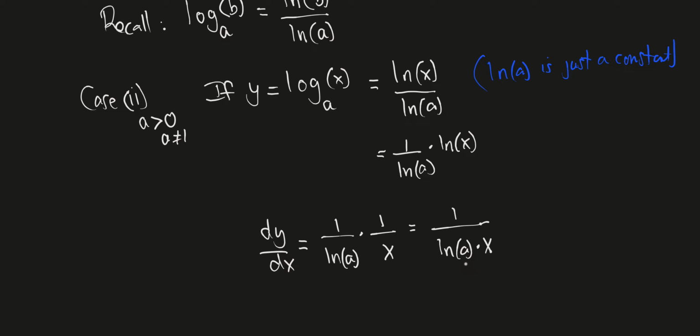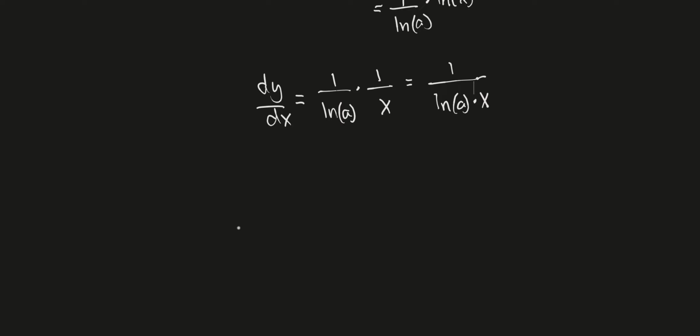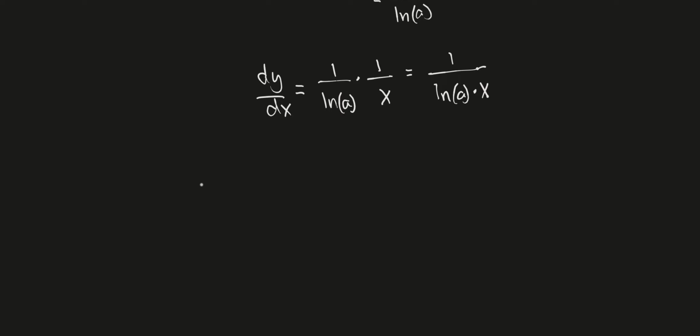So lots of little results are being utilized here. It's probably worthwhile to list the 4 major results, maybe in the form of a table. So here's our function, and we're just going to write down its derivative.